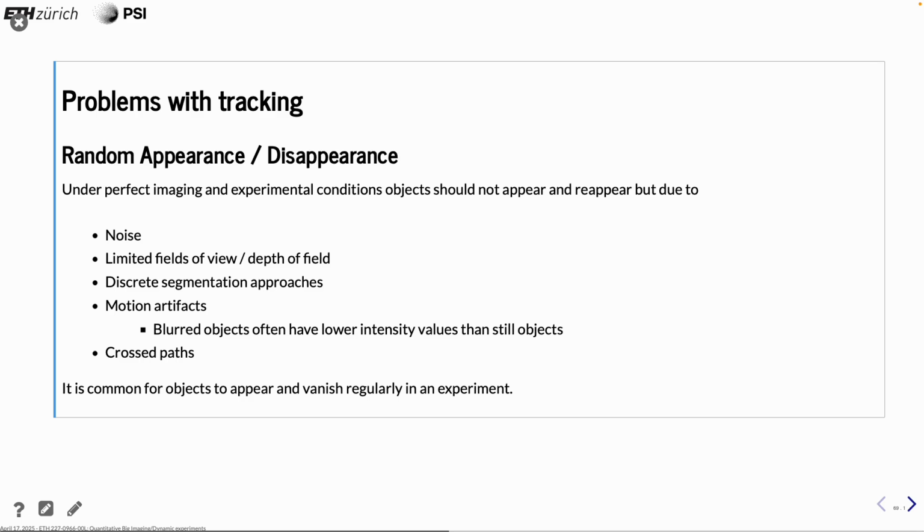And then we have the problem, again what you saw with the snowflakes, that the paths are crossed and maybe even overlapping if you have 2D data. With crossed paths, you have to decide which is the right path, because otherwise all of a sudden you make a very unrealistic turn in your tracking.